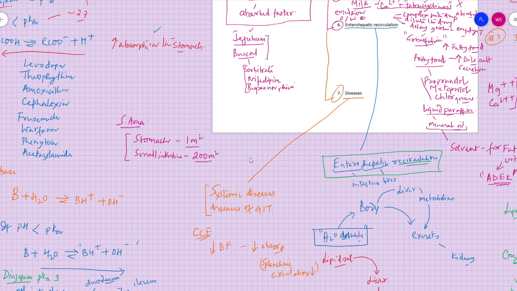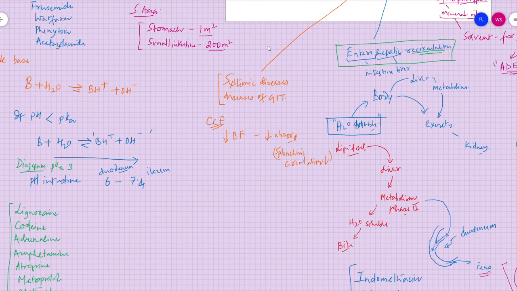Then certain diseases of the GIT, like, say, what could be an example? It could be achlorhydria, meaning the stomach is not producing HCl. So if there is a drug that is absorbed in the stomach, it won't be absorbed. Or there can be pyloric stenosis, which is basically contraction of the pylorus.